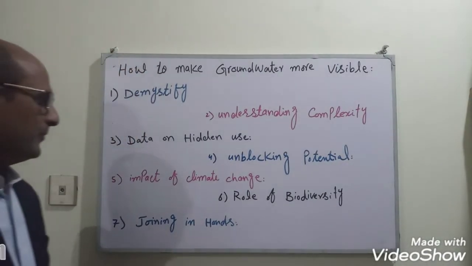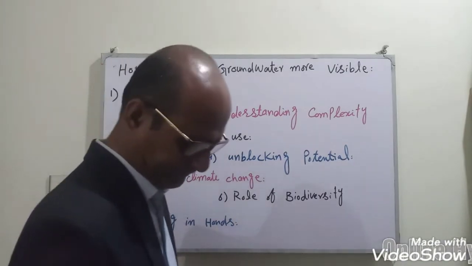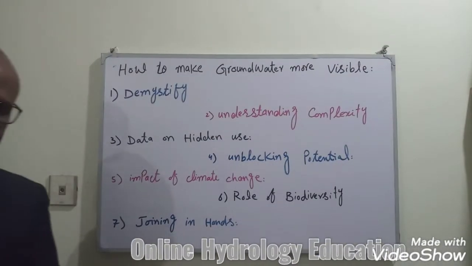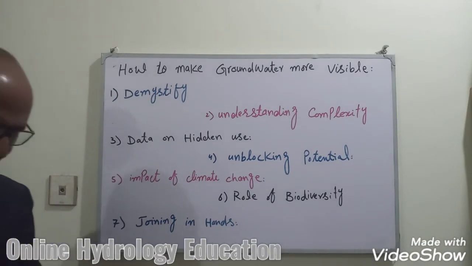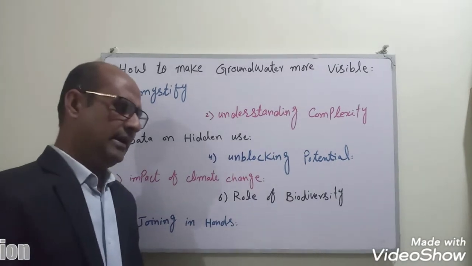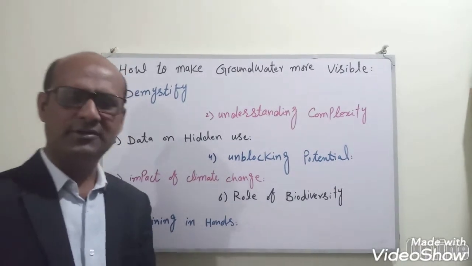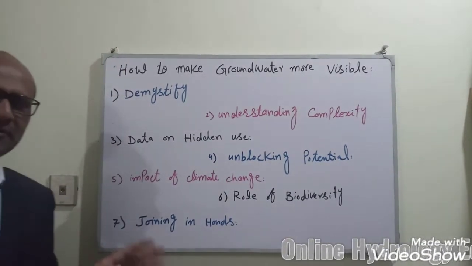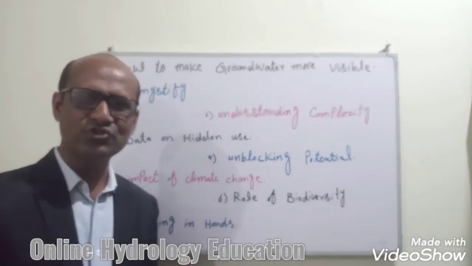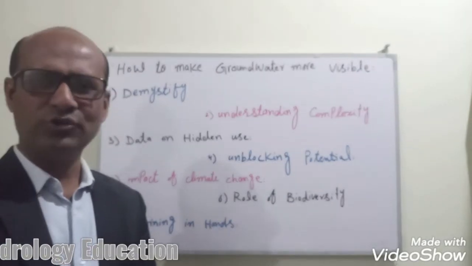Then, the role of the biodiversity. Biodiversity is also important in the hydrological cycle. We also know that especially in Pakistan, groundwater is the main source of the drinking water, and this groundwater also supports the ecosystem.